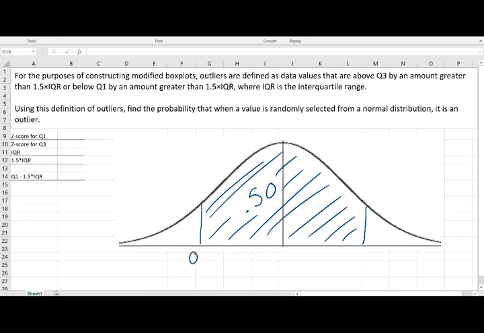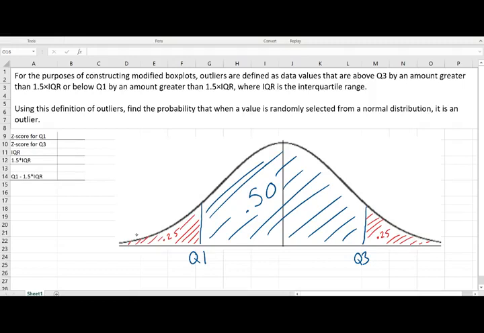All right, so this would be Q1 and this would be Q3, which means if there's 50% in the middle, the other 25% above, and the other 25% of the data is below. Okay, so here's our setup.